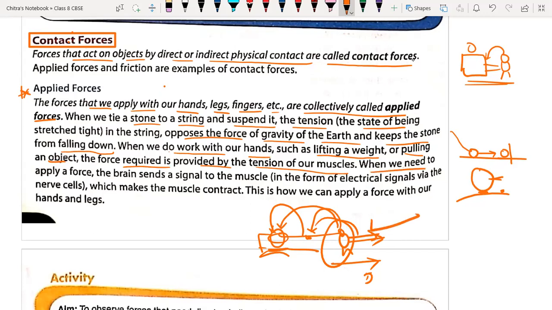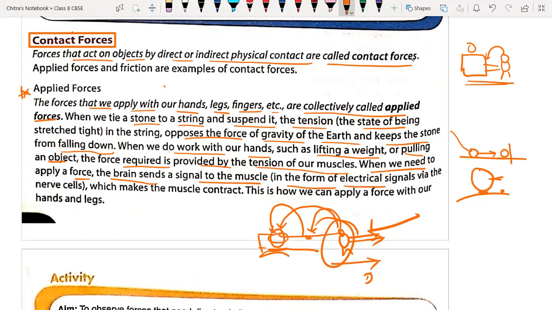When we need to apply a force, the brain sends a signal to the muscle. Suppose you want to speak, write, walk, or apply force, your brain sends a signal to the muscles and the muscles act accordingly to apply the force on an object.